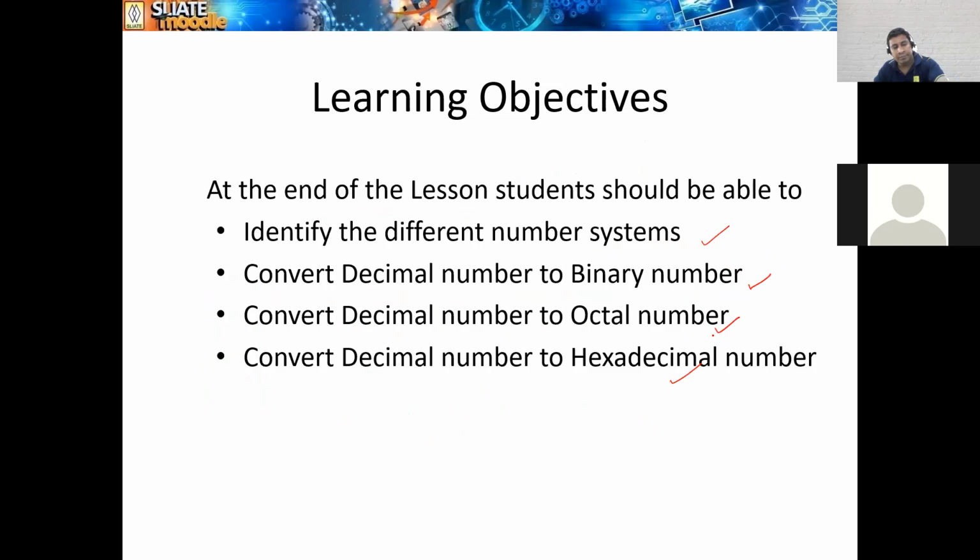Let's do some calculations. Before that, can you tell me, is this number valid or invalid?